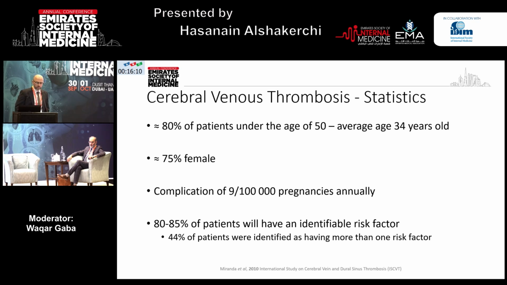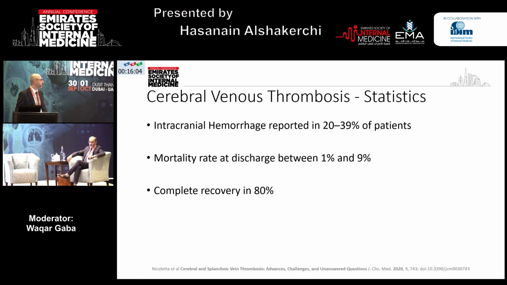The majority of people would have identifiable risk factors, and the majority will have more than one risk factor. But the challenging bit is that up to 40% of cerebral venous thrombosis can present with, or have associated, intracranial hemorrhage.